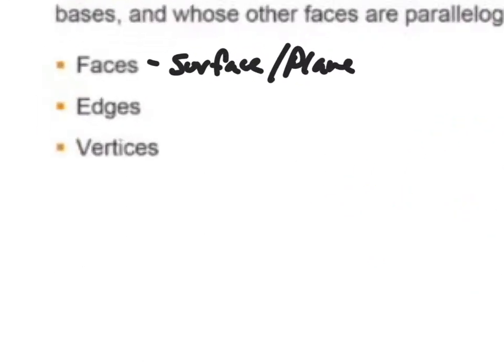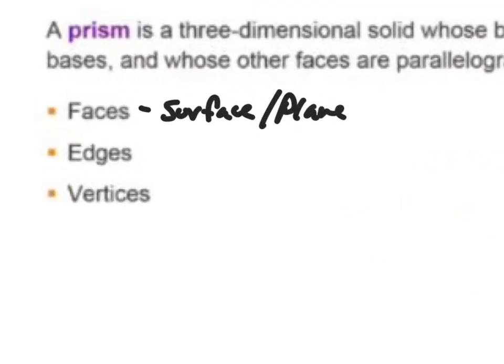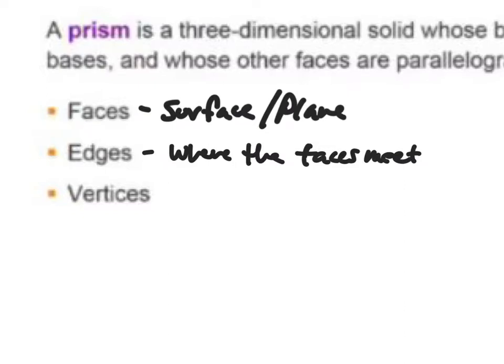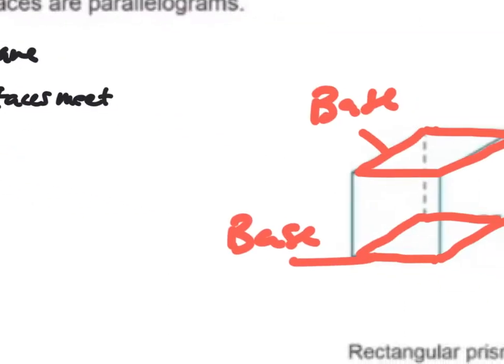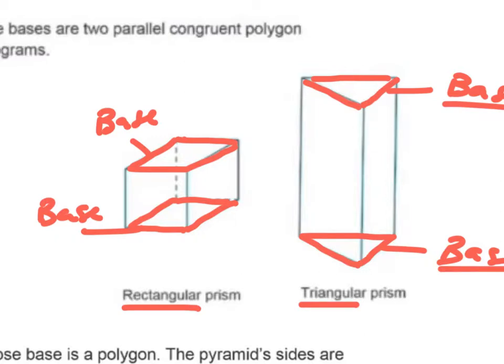All right, now the edges, this is where the faces meet. I'm going to outline that in blue. I'm going to come over here. All of these different corners here are where the faces meet, these are all different edges.